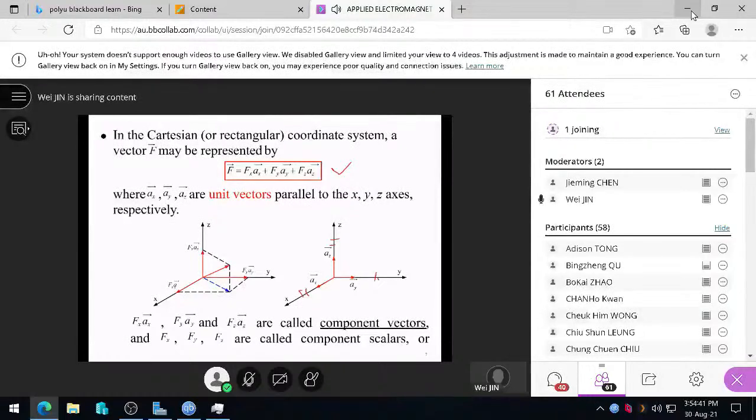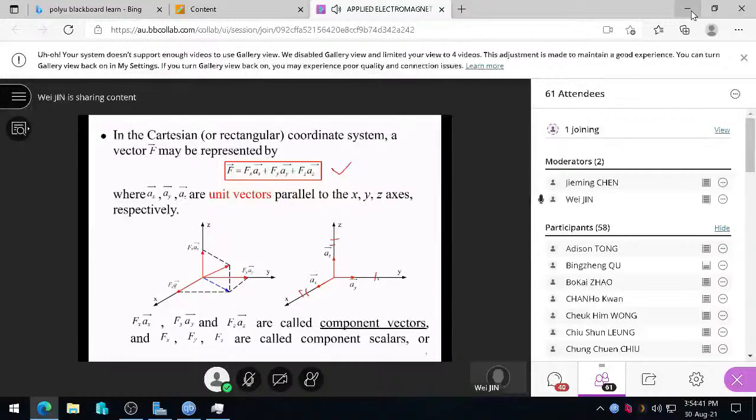So fx squared plus fy squared, take a square root, gives you this one. Now this also is a right triangle. This is 90 degrees. So this is fz. So this square plus this square added together gives you this side squared. So this is the magnitude of f. Okay, so this is how you get the relation between the component vectors, the magnitude, and the total vector.